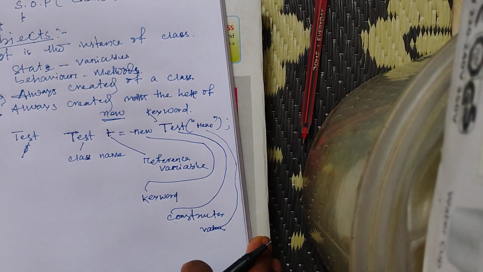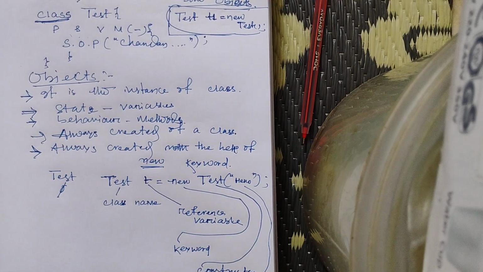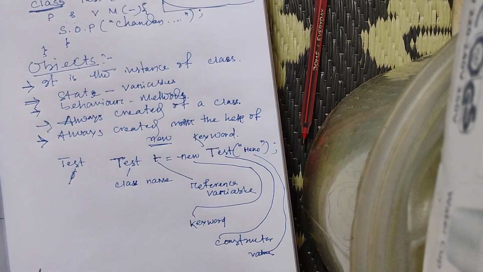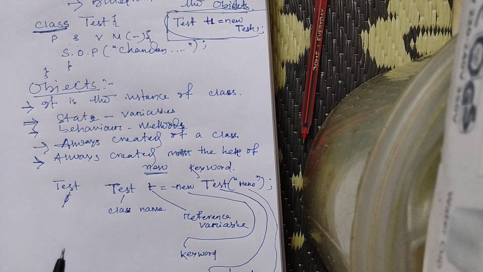I hope you understand over here. What is class? What is object? Class is the boundary, a template for creating objects. It contains variables, methods, constructors. But object is the instance of class. It is a real-time entity which has a state and behavior.